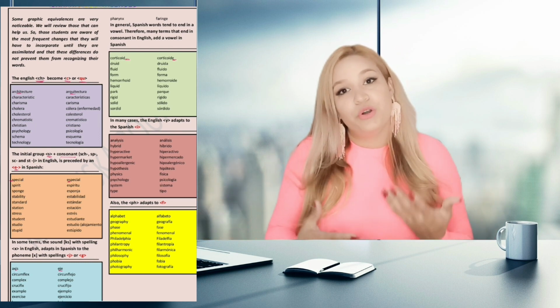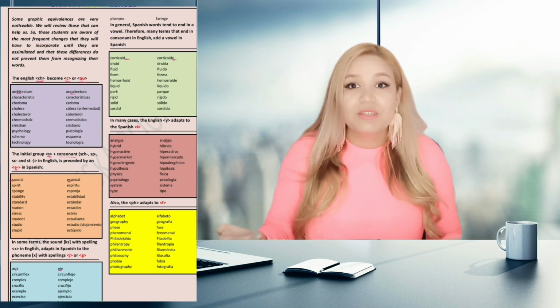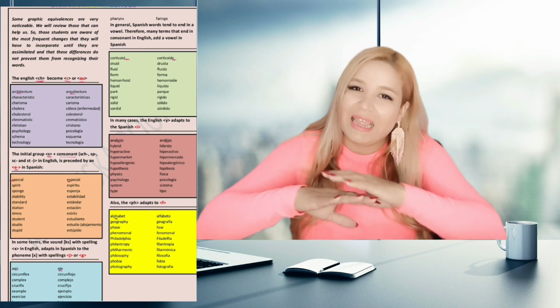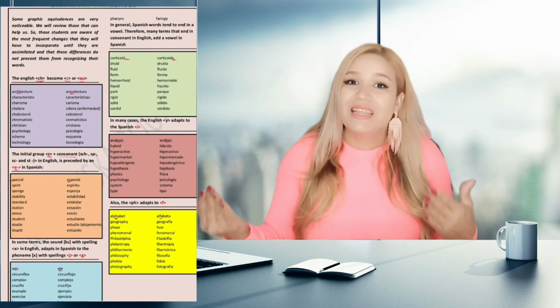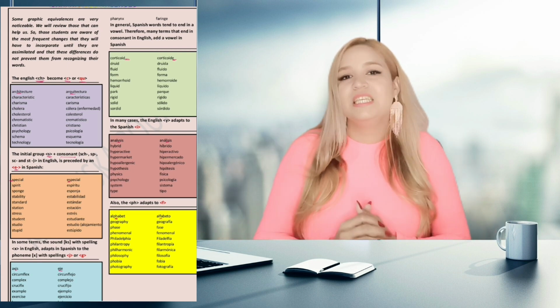To help you with your vocabulary expansion, I have put together a list of Spanish words which have English counterparts, simplified for easier identification. This will help you to expand the words that you already know and make it easier to identify new words.